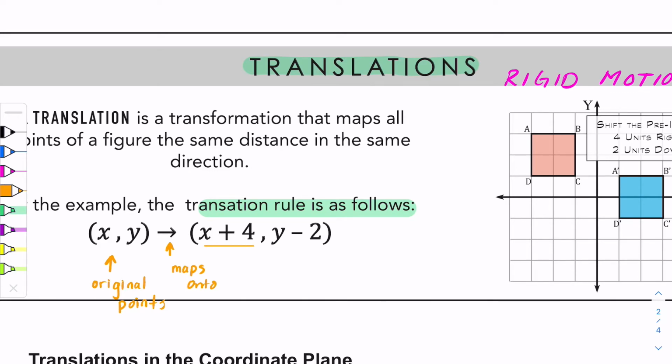and this here is telling you that you add 4 points to your x value of the point. So it's telling you that it's a horizontal shift to the right 4 units. And this here is telling you that you have a vertical shift, and in this case, because you're subtracting, it's telling you to move down 2.